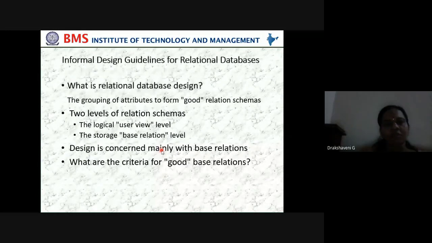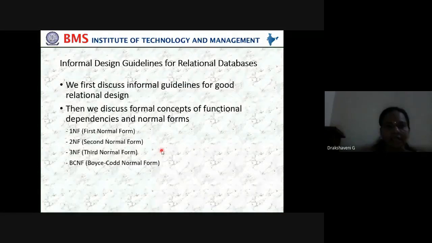So, how should the database design be? This is what we saw in the last class, and we are going to see informally how the relational database should be designed, and the concepts we will be learning on functional dependencies, and normal forms: first, second, third, and BCNF.